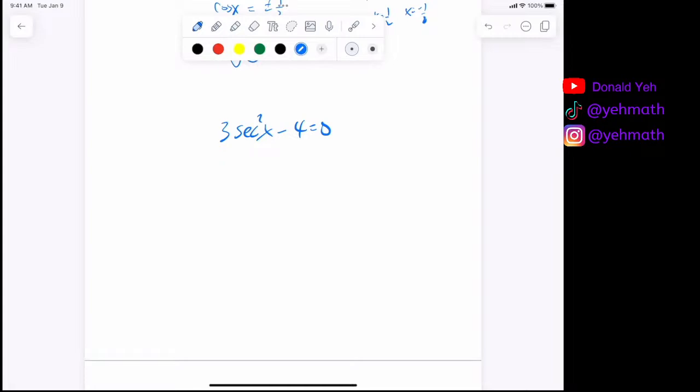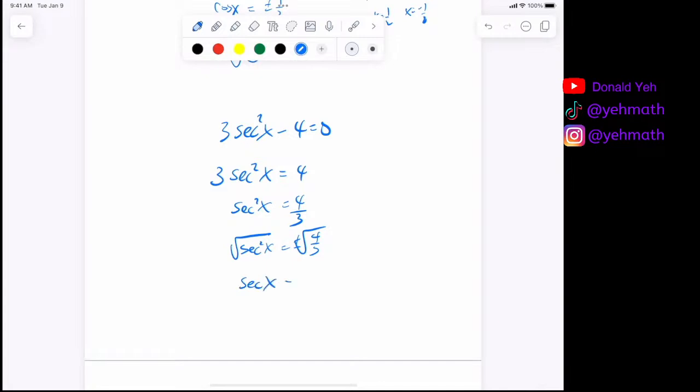Okay, so that's equal to 2 over square root 3.